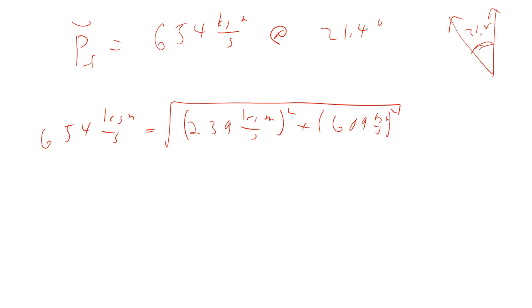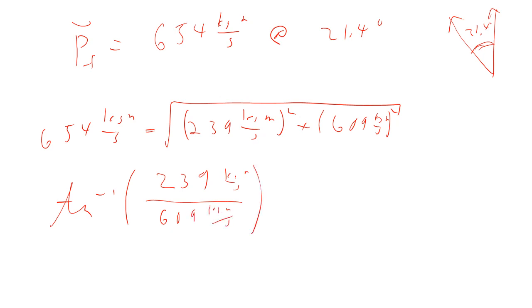And the angle we got from the arctangent of x over y, so 239 divided by 609, x over y because it's the opposite over the adjacent side, to get the angle that I wanted.